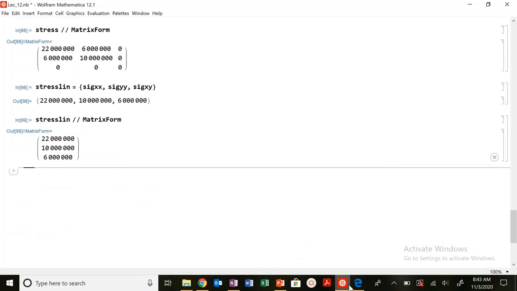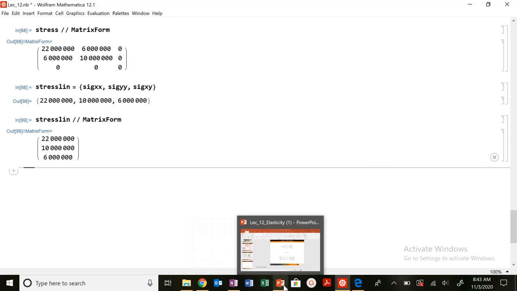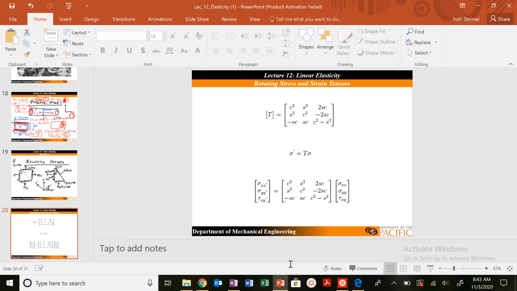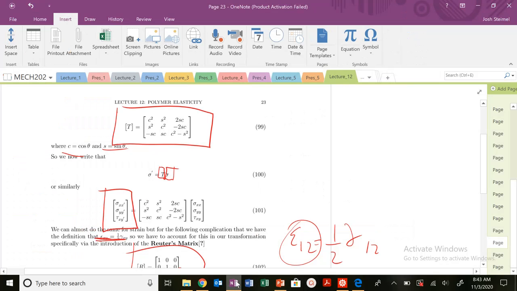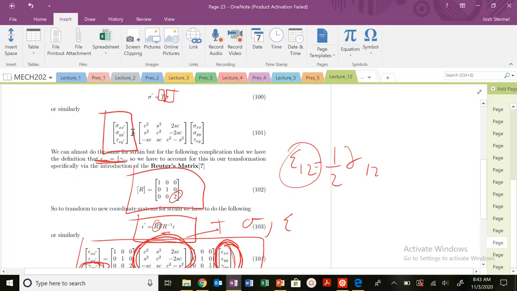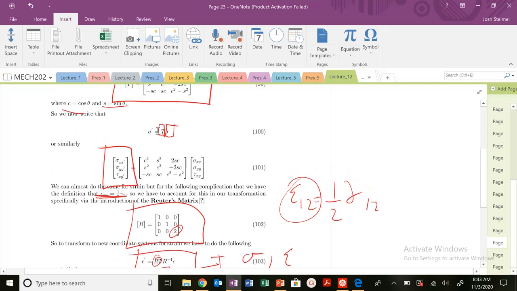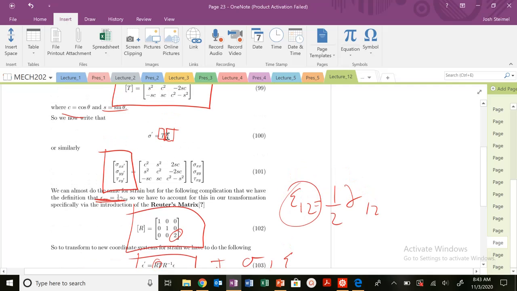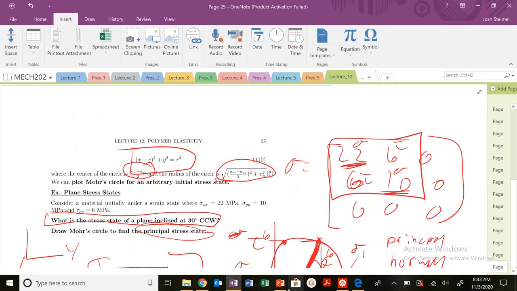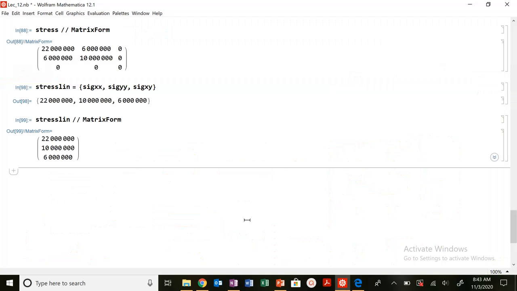in order to solve this problem correctly. Now we can go ahead and figure out that first question very simply, very directly, and just multiply. If I want to find the stress state at some plane of interest, which in this problem is a 30-degree counterclockwise rotation, all I have to do is t dot my stress lin.